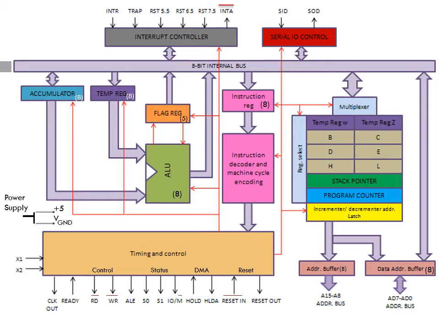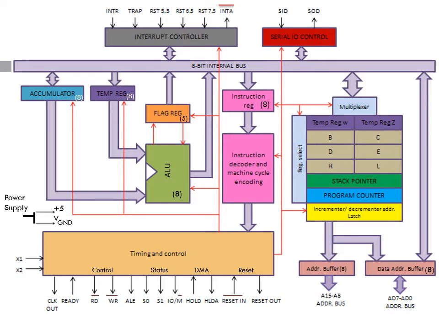And coming down, you can see the address buffer, the data and address buffer. So you will be seeing in detail. Each address buffer is of size 8 bits. And coming to the timing and control unit, the timing and control unit provides the necessary timing and control signals which synchronize all the operations.